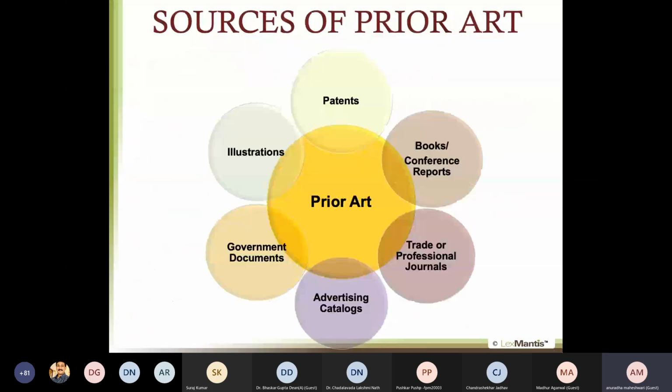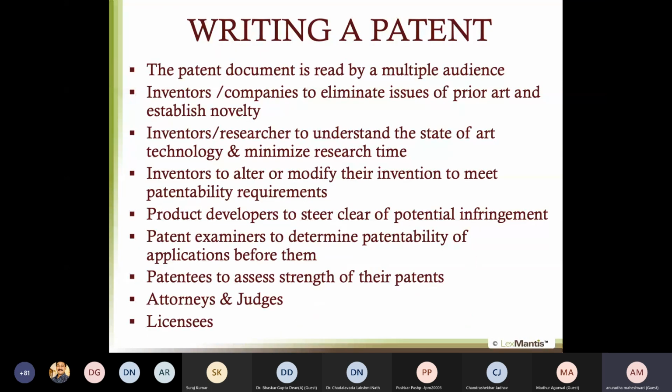All right. We come to the next thing, that is writing a patent. As I said, the patent document is not only read by one or two persons. The patent document is read by so many people in the world. So who are the people who read the patent document? Obviously, people in your company or people who are manufacturing your invention.